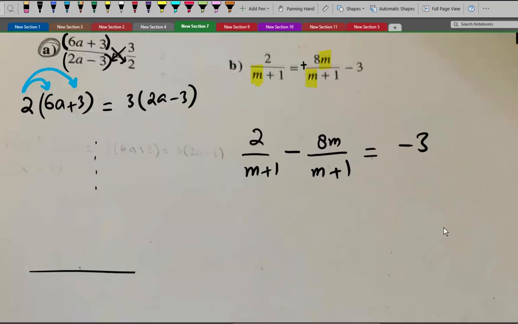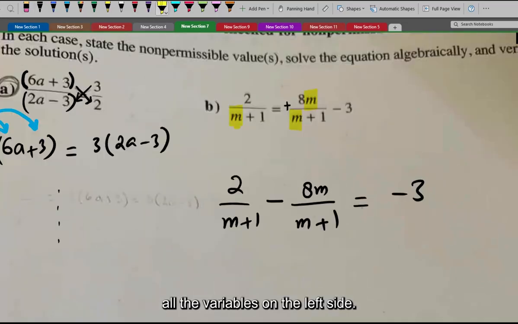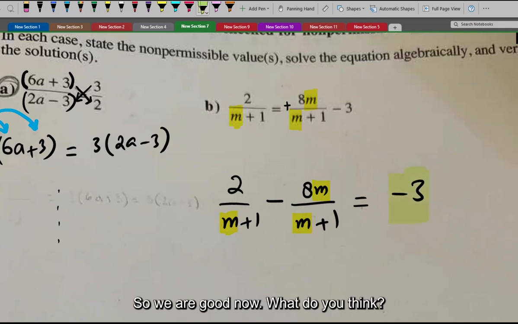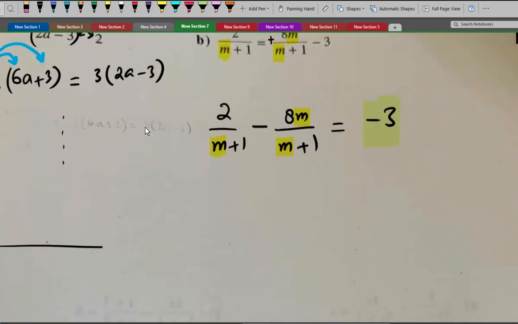Yeah. So now I have all the variables on the left side. By variables I mean all the rational expressions that involve variables. So there are no variables on the other side, it's just a constant. So we are good now. What do you think we can do now?